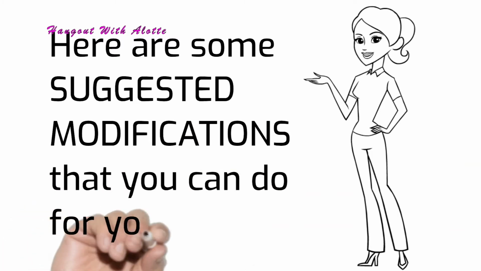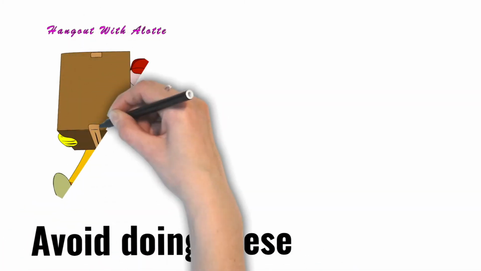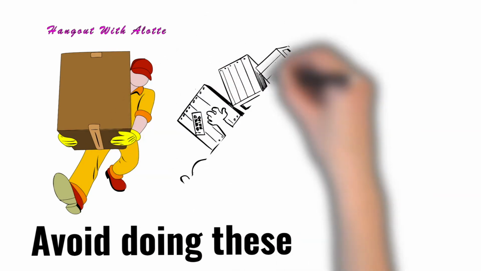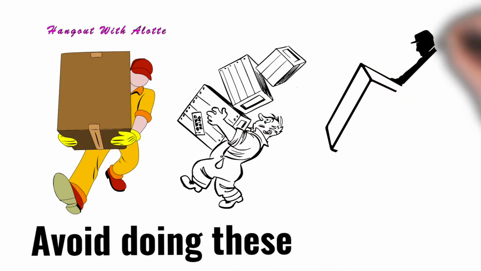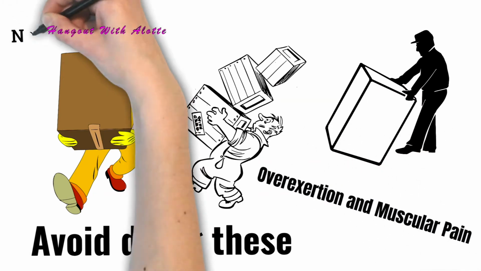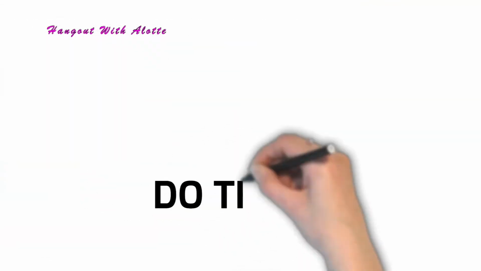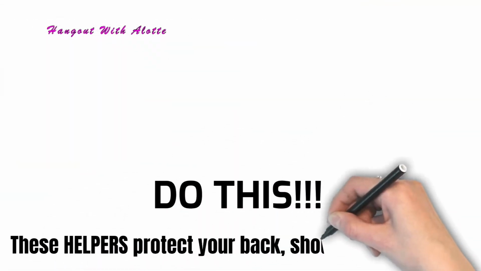Here are some suggested modifications that you can do for your job. Avoid doing this. This may lead to overexertion, muscular pain, and neck and shoulder pain. Do this instead. These helpers protect your back, shoulder, and hands.